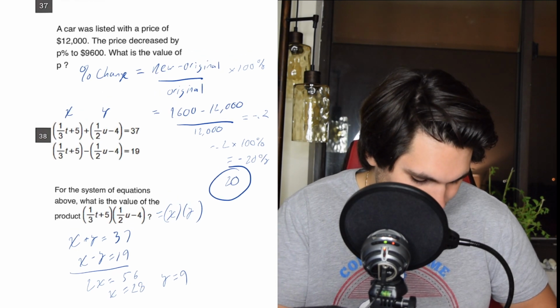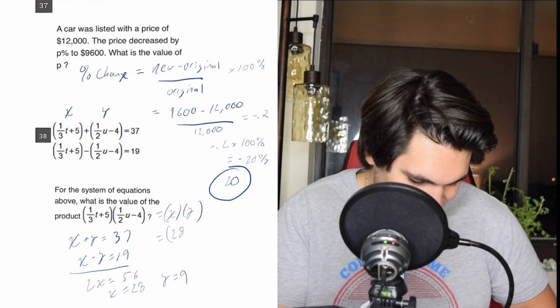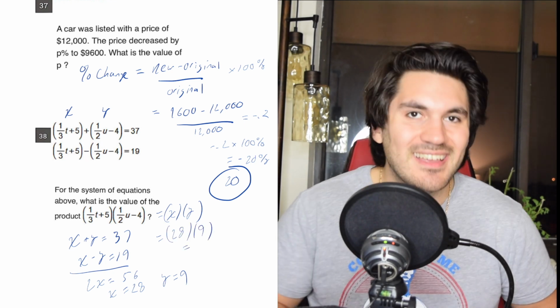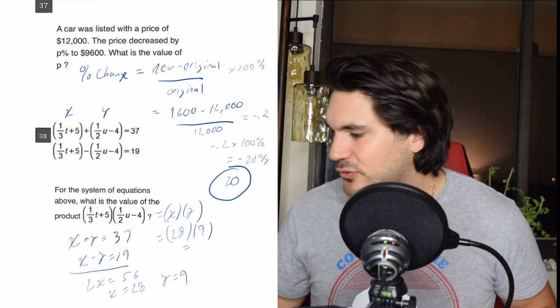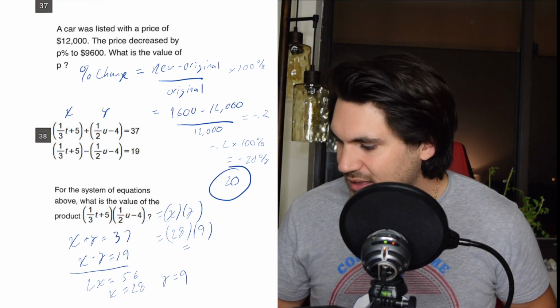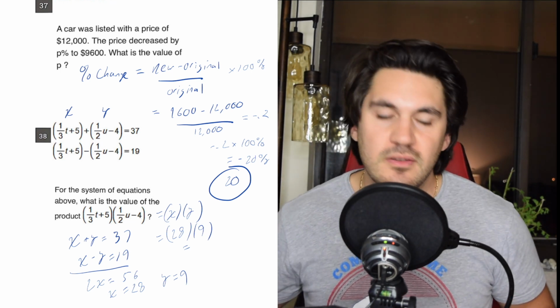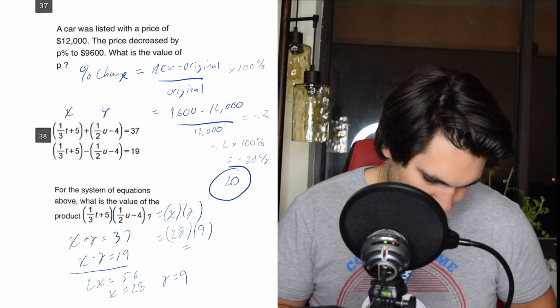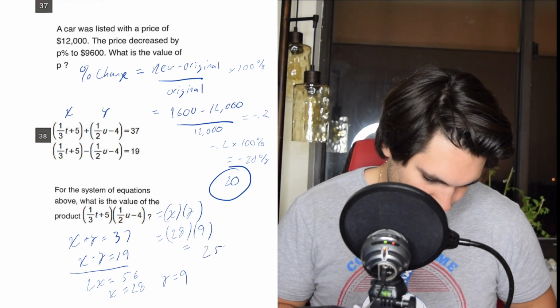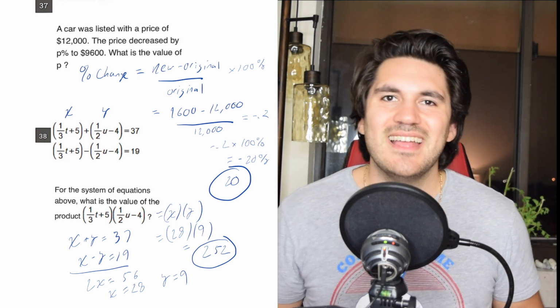So all we're going to do is do 28 times 9. Let's see what that's going to be. 28 times 9 equals 252. So that's the answer.